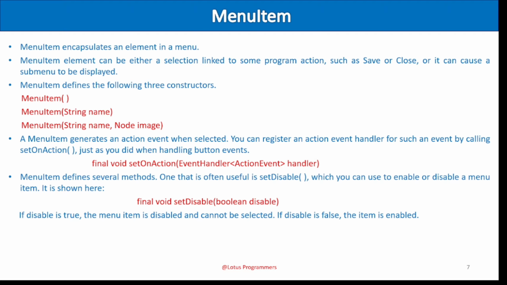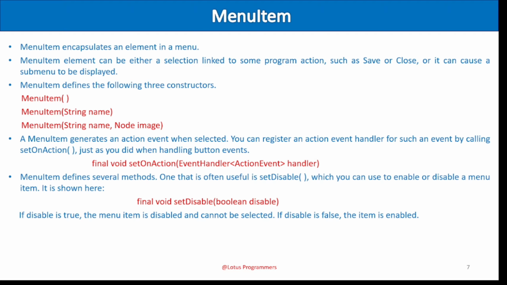That event handler is defined either through an anonymous inner class, through lambda expressions, or through method references. Method references are best suited for defining event handling for the menu items. In our hands-on application, we define the event handling with method references.